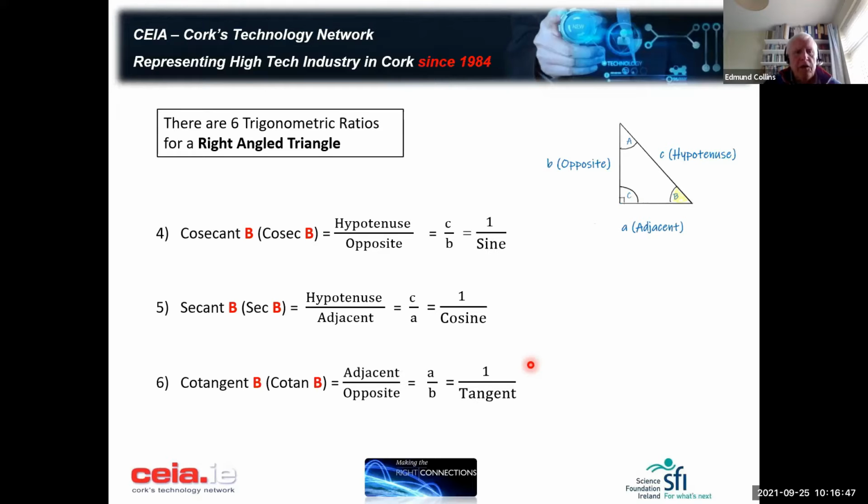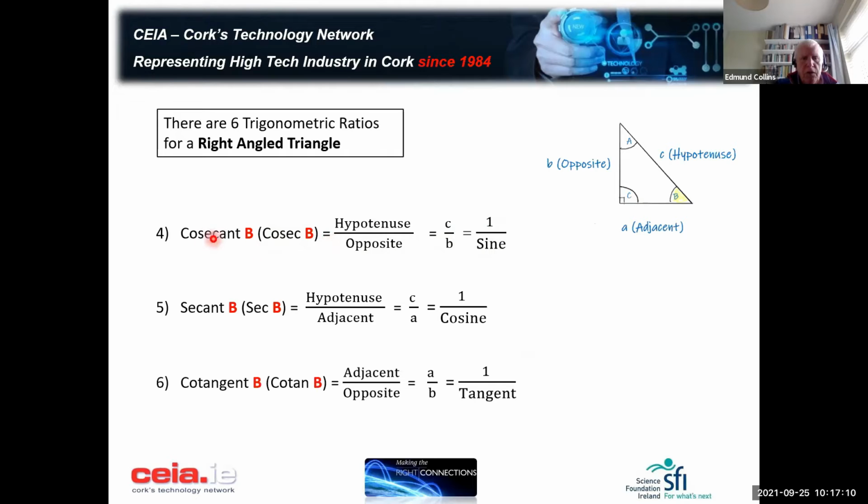So the next three trigonometric ratios, again for the right-angled triangle, are really the reverse of what we've been looking at. So here we have the cosecant of the angle, which is the hypotenuse over the opposite. So it's the reverse, C over B. It's 1 over the sine. Sometimes it's difficult, you could get confused.